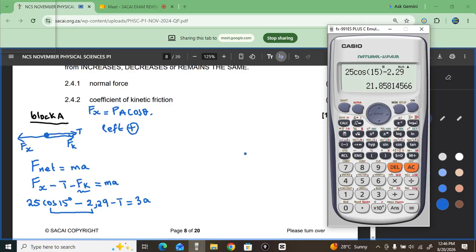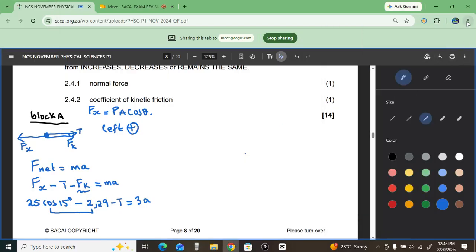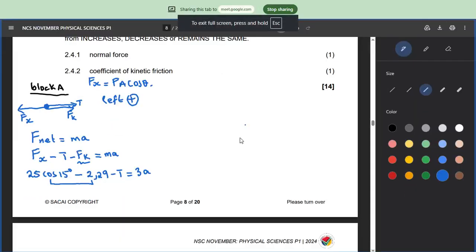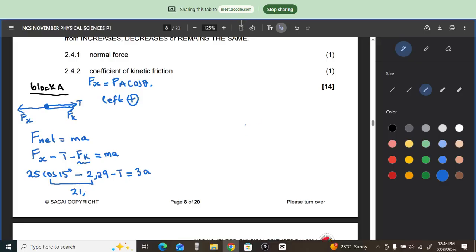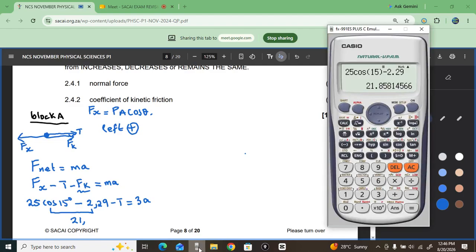I got 21.86 if I round it off to two decimal places. Is that what you got on your side? No, I have 24.38. Yes, that's correct. Wait, we said 25 cos 15, right? 25 cos 15 minus 2.29. You minus these two, what do you get?